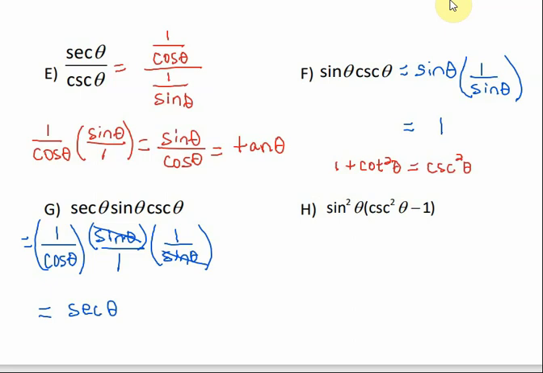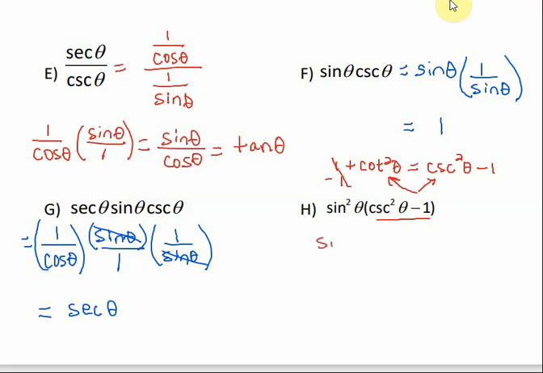If I subtract 1 from both sides, that means that cosecant squared theta minus 1 is equal to cotangent squared theta. So let me replace this cosecant squared theta minus 1 with cotangent squared theta.